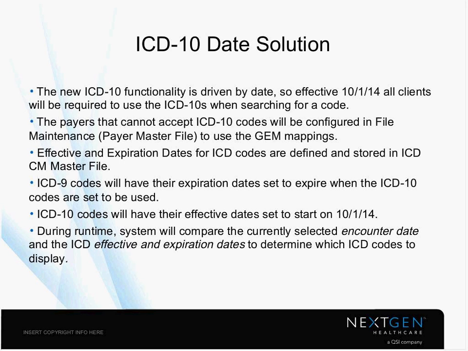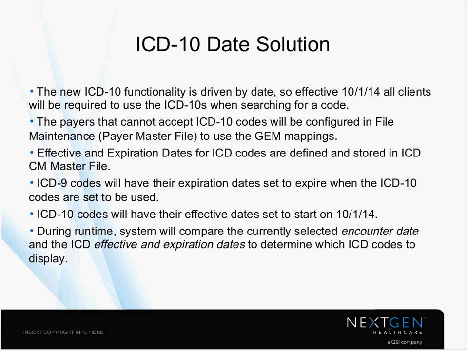So essentially, if there was an instance where a payer was not accepting ICD-10 values after the October 1, 2014 date, how are we going to handle that? Well, we'll build the table within the payer table for that particular payer. So if it was a workers' comp value that you wanted to set up to still utilize the correlating ICD-9 values, we could do that. So keep that in mind.